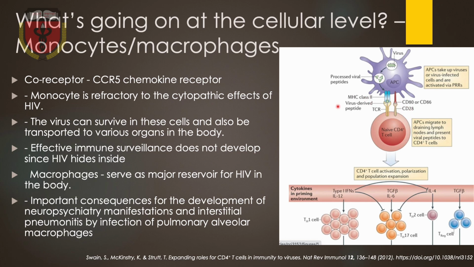So what is going on at the cellular level in the macrophages or monocytes is that, just like the virus infects the CD4 T cell, the viral envelope proteins GP120 and GP41 bind with the host cell receptor on macrophages or monocytes, and then the co-receptor CCR5 chemokine receptor.